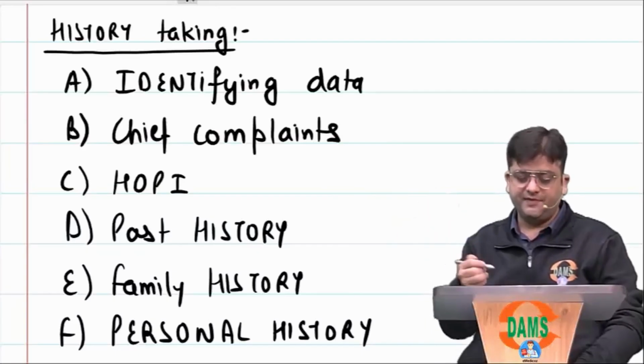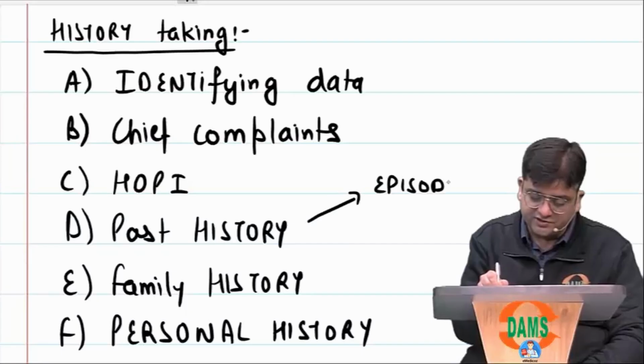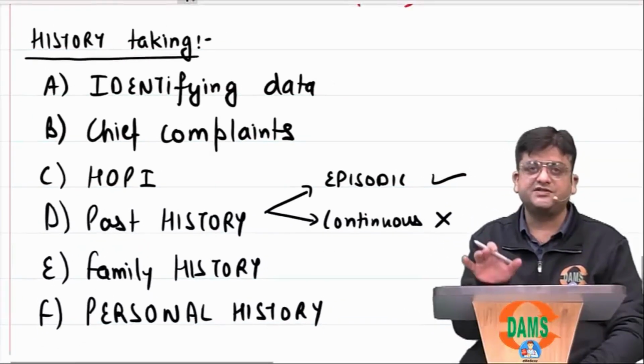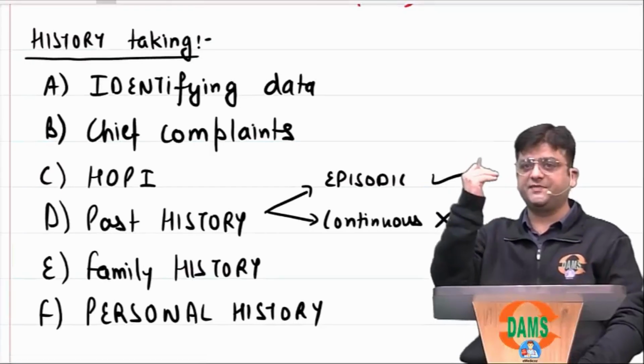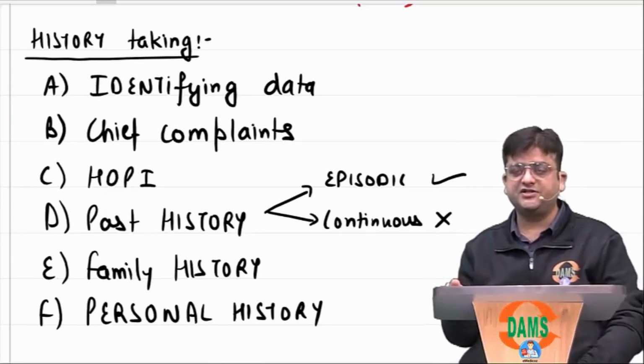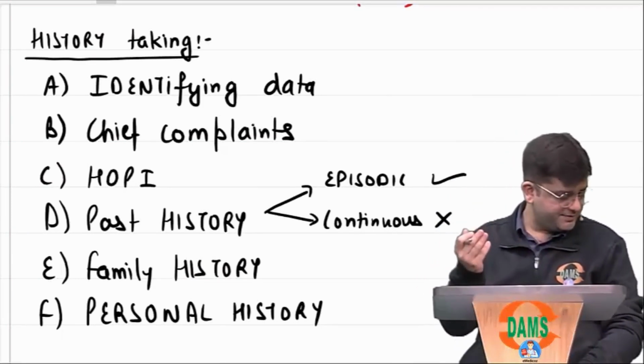Past history. Please remember, past history must be asked only in episodic disorders, never in continuous disorders. That means past history is important in disorders that touch the baseline, not the disorders that are continuous. Like there's no past history in dementia and schizophrenia, but there's a past history in bipolar disorder, mania, depression.